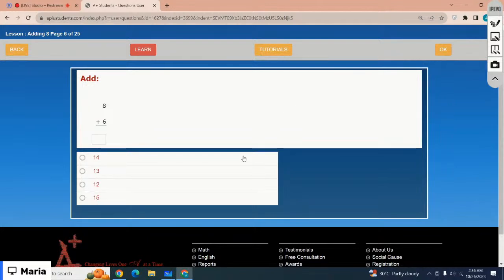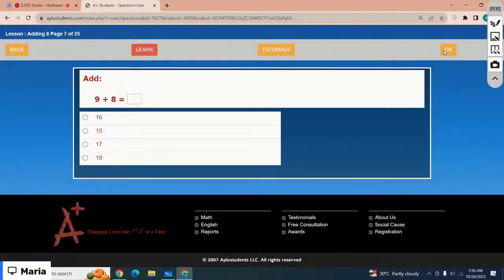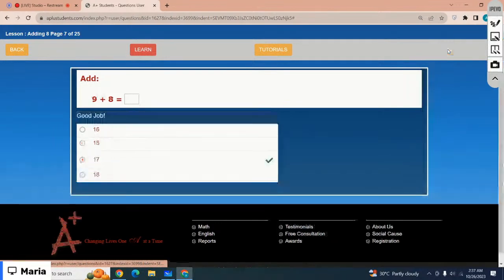Okay, the next one is 9 plus 8, which is the correct option? 9 plus 8 equals, yes, it is 17. So the correct option is 17. Very good.